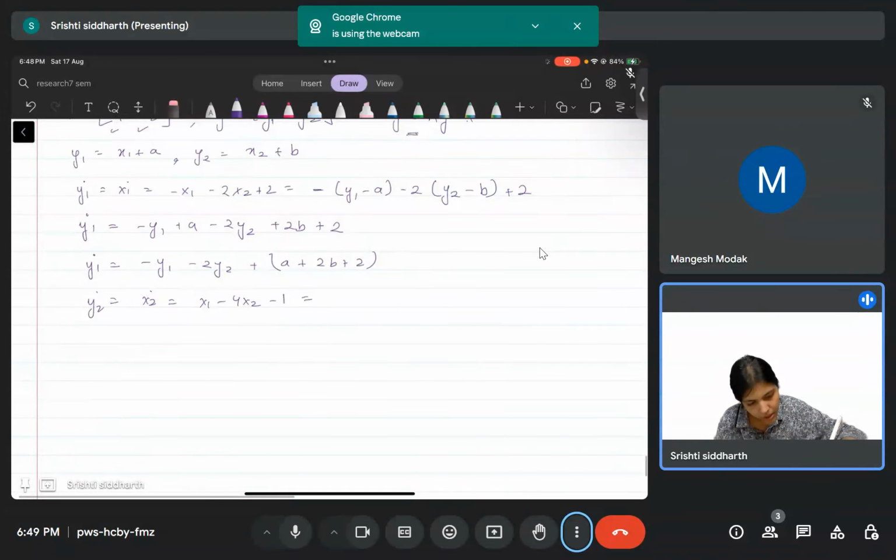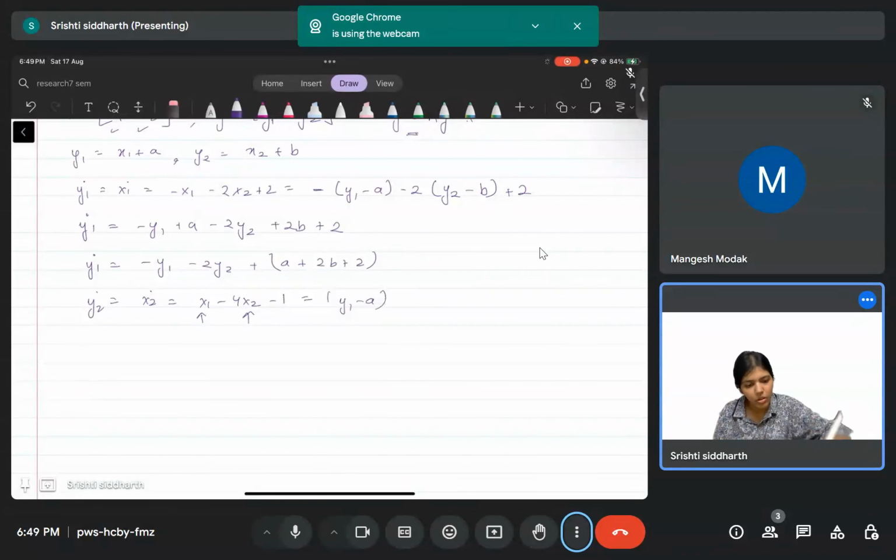This is y1 minus 3 minus 4 times. We get y1 minus 4y2 minus a plus 4b minus 1. There are some extra terms in the differential equations of y1 and y2.